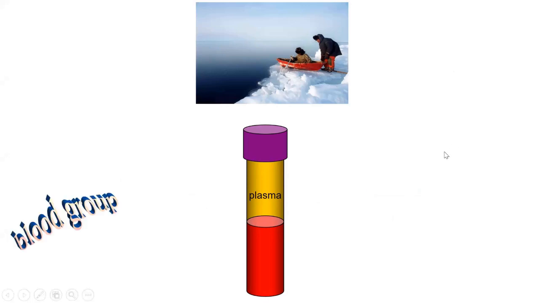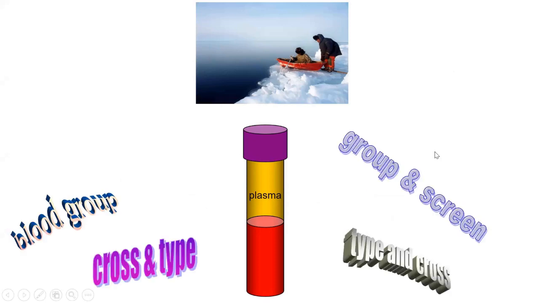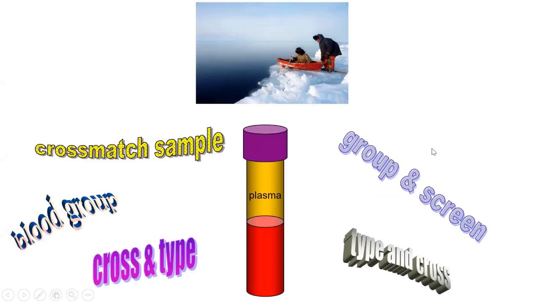The sample goes by names like the blood group, the group and screen, the type and cross, the cross and type, or the cross-match sample. At the end of the day, we're getting all the evidence we need from the red cells and the plasma that are centrifuged and separated for further analysis.